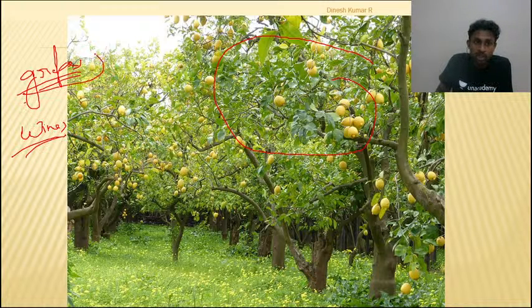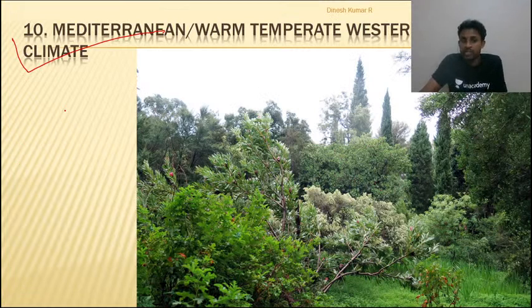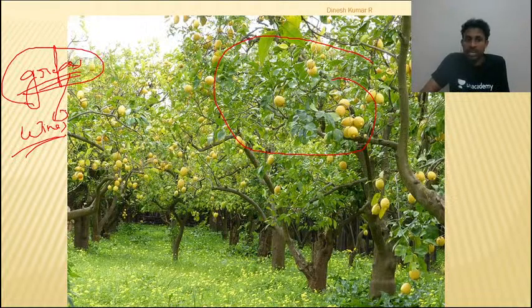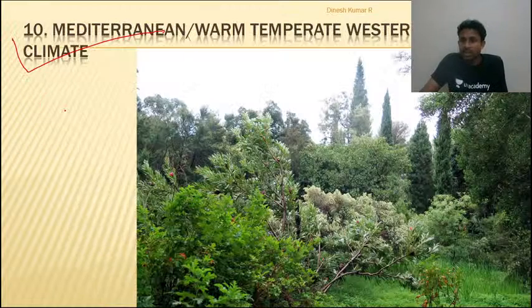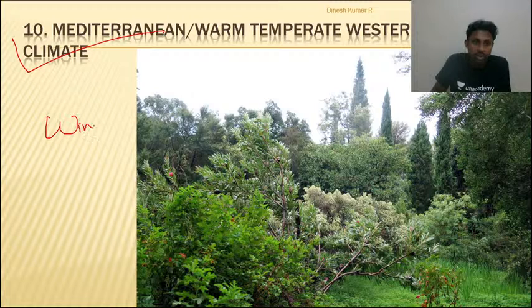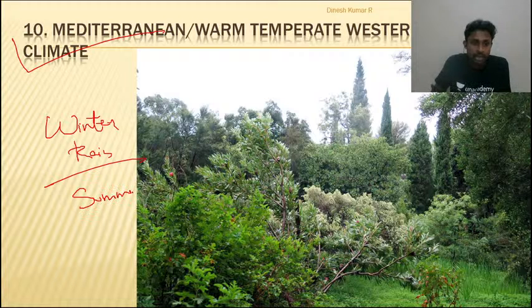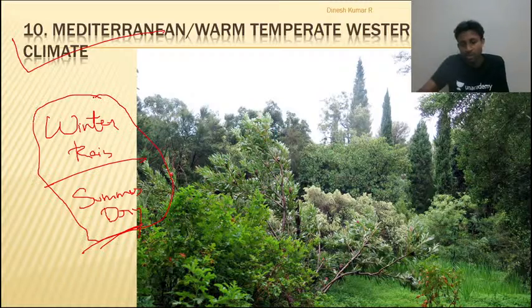They have orchards especially for wine production. So the Mediterranean area is very much famous for citrus fruits. That is the most important speciality you can remember with respect to Mediterranean climate. And number one, they have winter rainfall and their summers are dry. So this is the speciality of our Mediterranean type of climate.